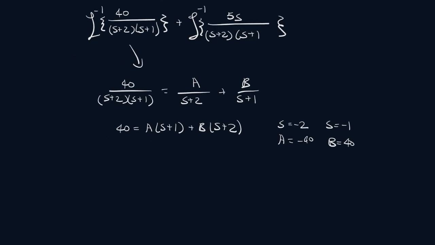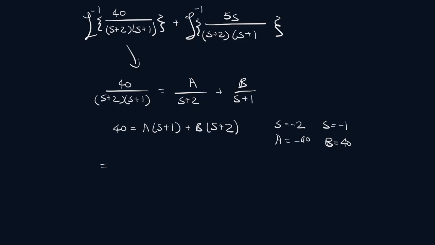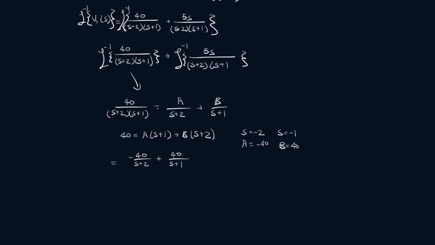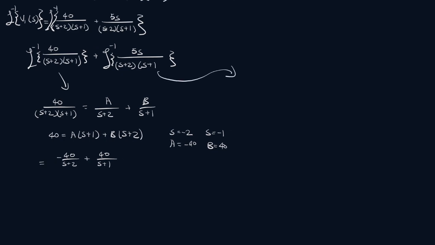So our partial fractions should be minus 40 all over s plus 2 plus 40 all over s plus 1. So that's the first part done. Now let's do the second part, which is this part. So we have 5s all over s plus 2 times s plus 1.